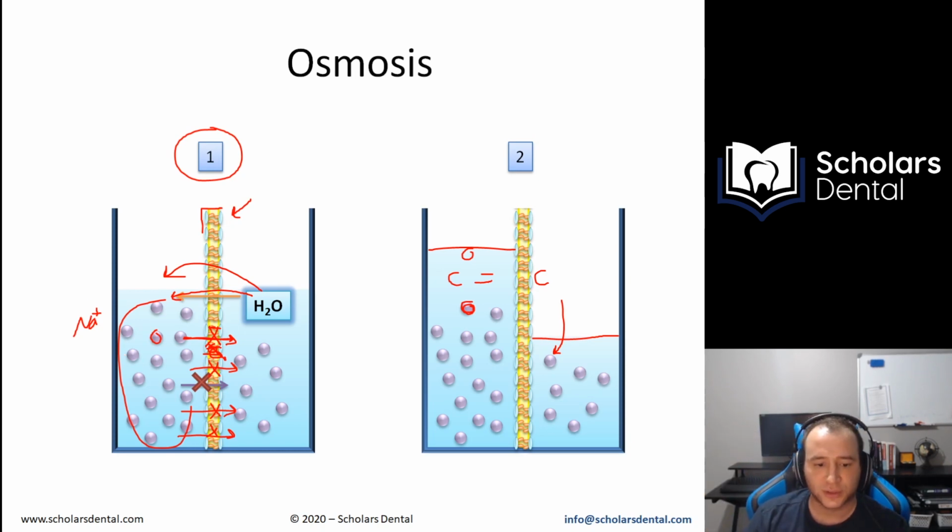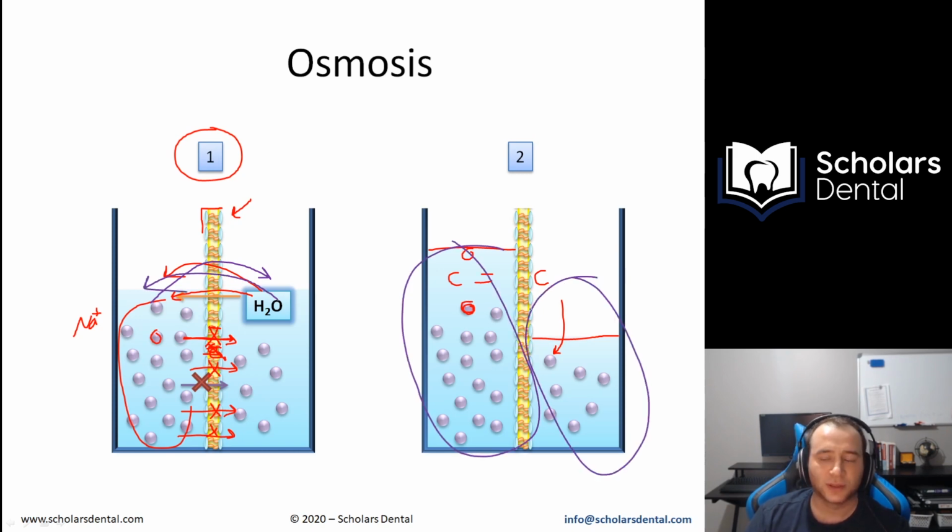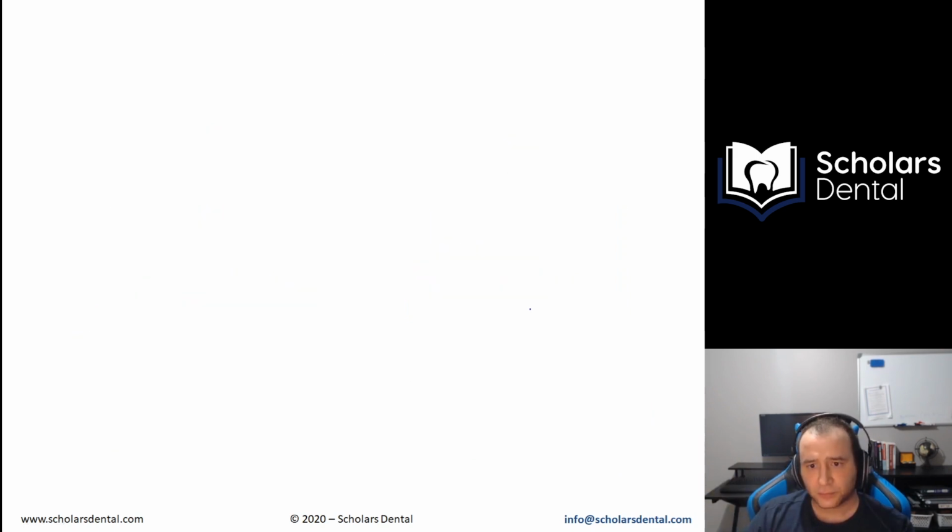I'm going to repeat it: if the molecules cannot move from here to here, the water will come over here to fix the concentration and make them equal. The body is always going after balance. This is called osmosis. It's very important to understand. It's the movement of water from one side of the membrane to the other to fix the concentration of one of the molecules, if the molecule cannot actually move itself. All right, so that is it for osmosis.